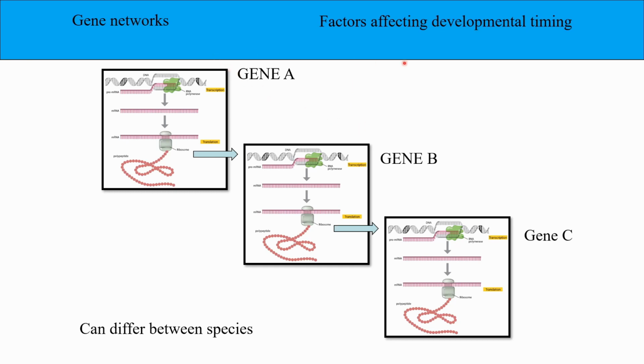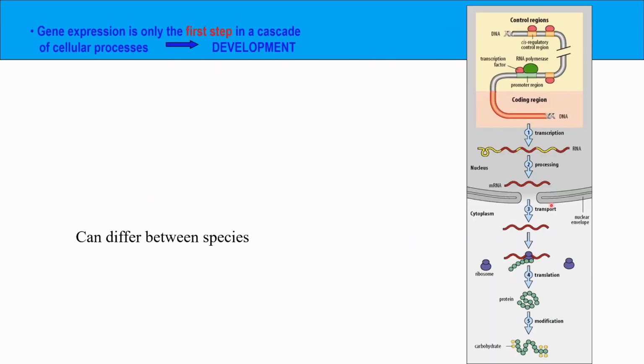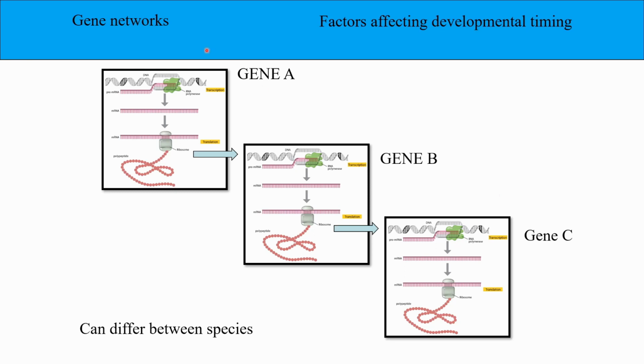And I sort of covered this again. Another factor that affects developmental timing is gene networks. We can have this whole cascade that I presented in the previous figure happening to produce a product that then turns on the transcription of another gene.